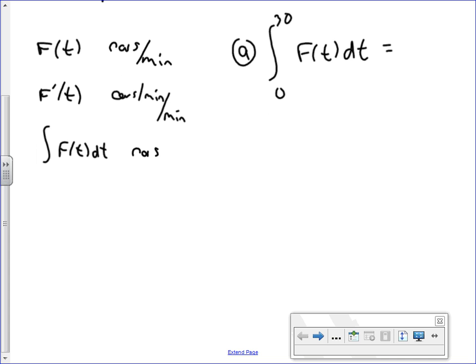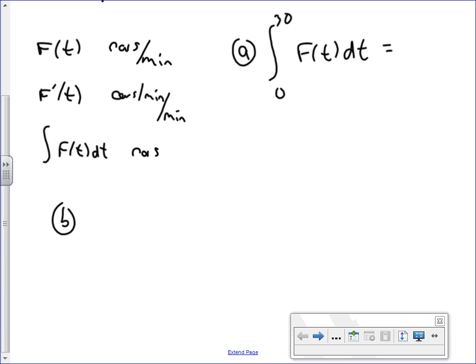Question B. Is something increasing or decreasing? How do you determine that? If F prime is positive or negative.